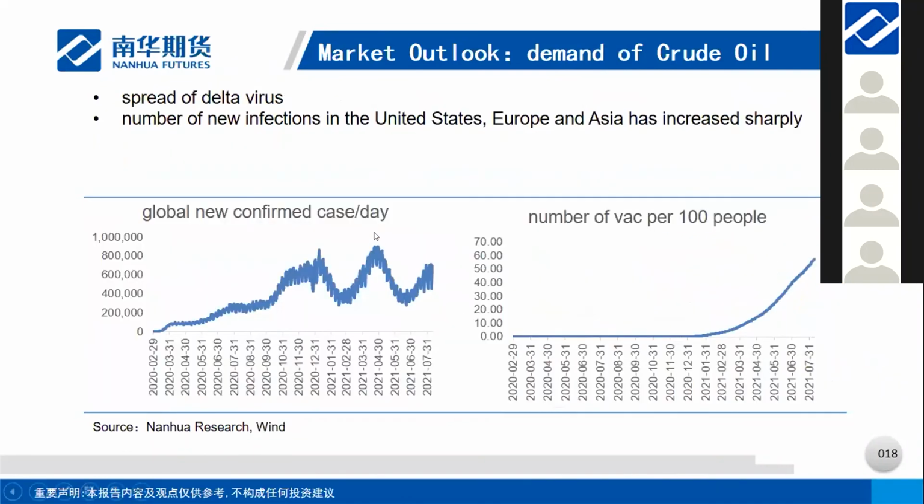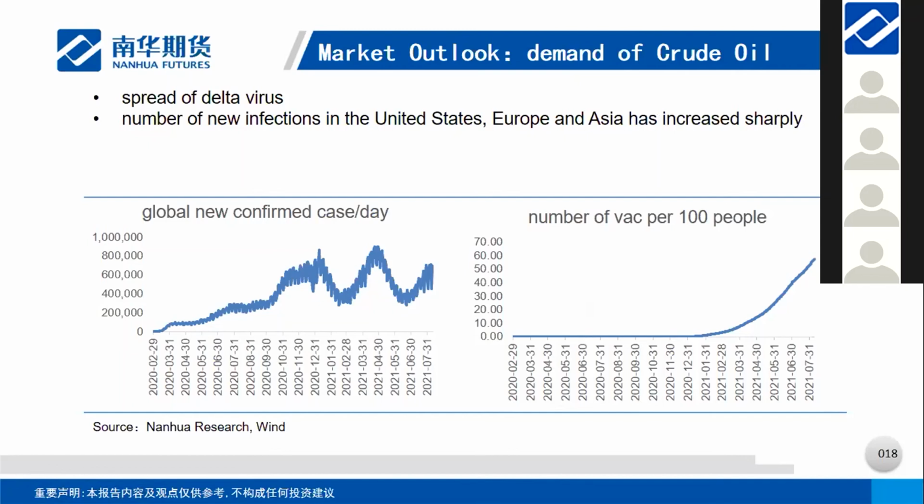And for the demand side, given the neutral view of future supply, as I mentioned just now, the price depends on whether the demand can meet the expectation. Recently, due to the spread of the Delta virus, the number of new infections in the United States, Europe and Asia has increased sharply, thus causing concerns about demand.